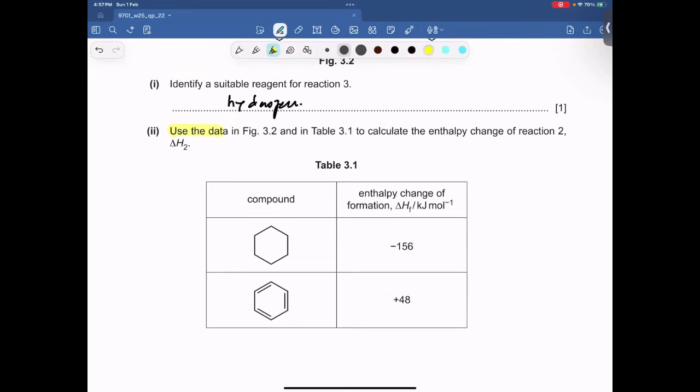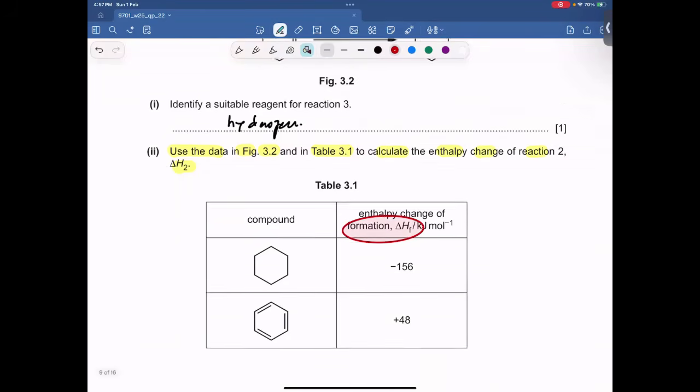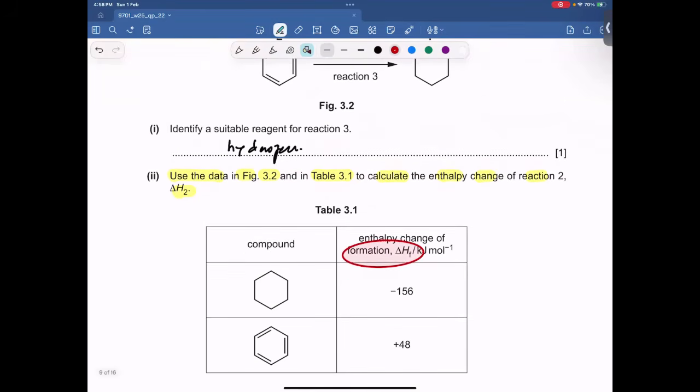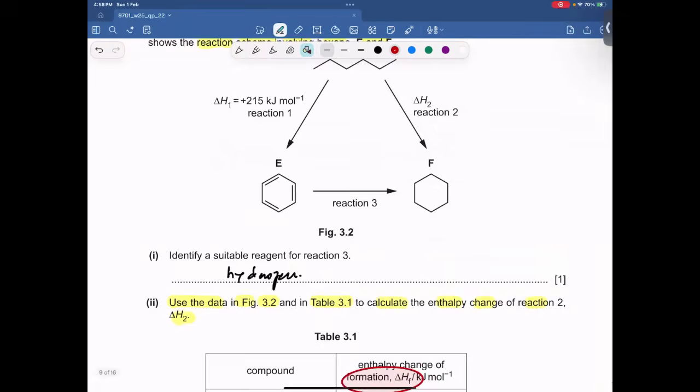Use the data in figure 3.2 and in table 3.1 to calculate the enthalpy change of reaction 2. So enthalpy change of formation data is given. And the examiner is looking for step 2.